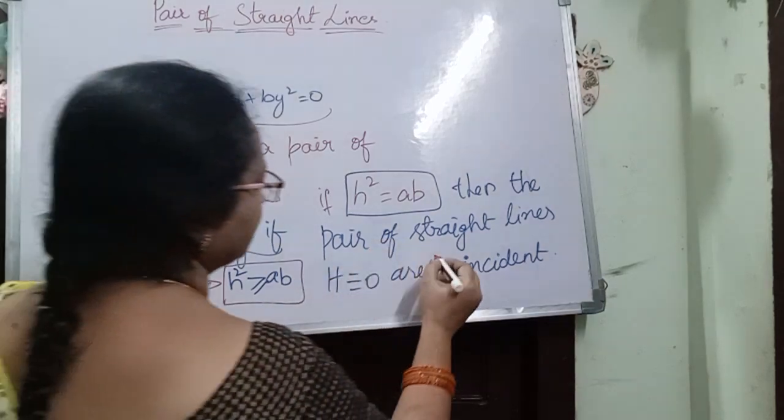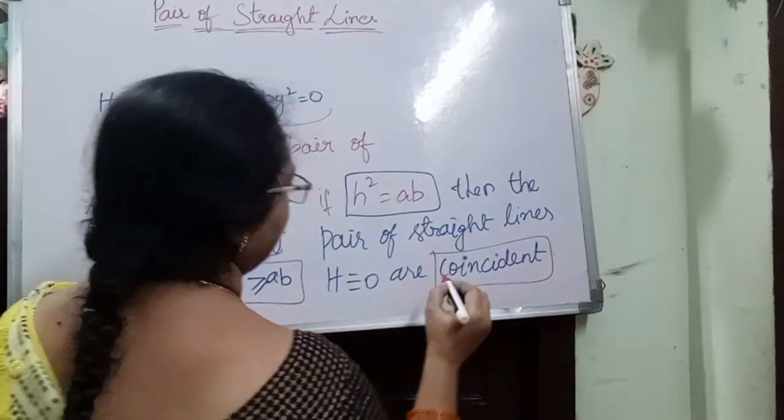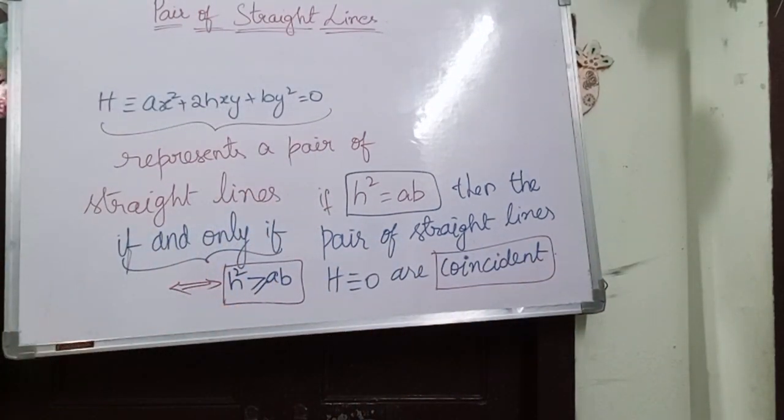We can say it as coincident. If the condition h square equals ab holds, then the pair of straight lines H equals 0 are coincident.